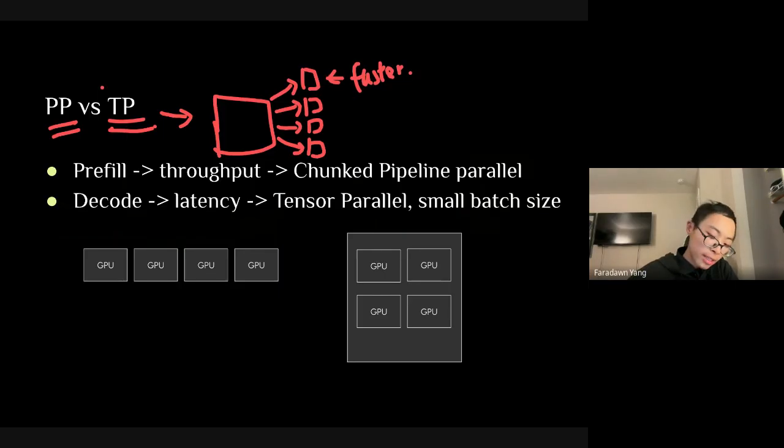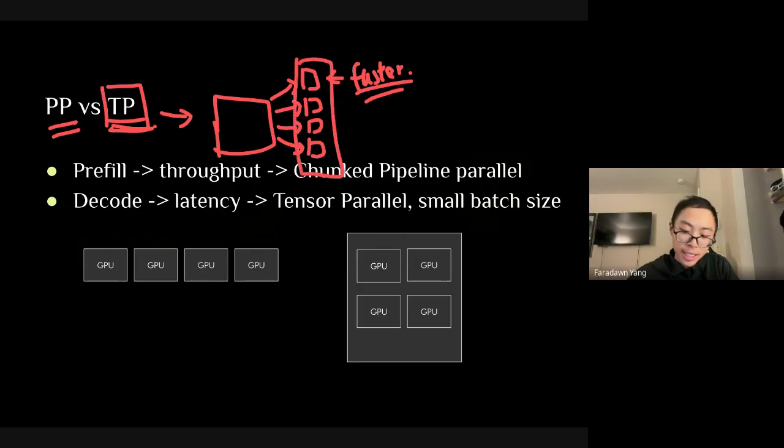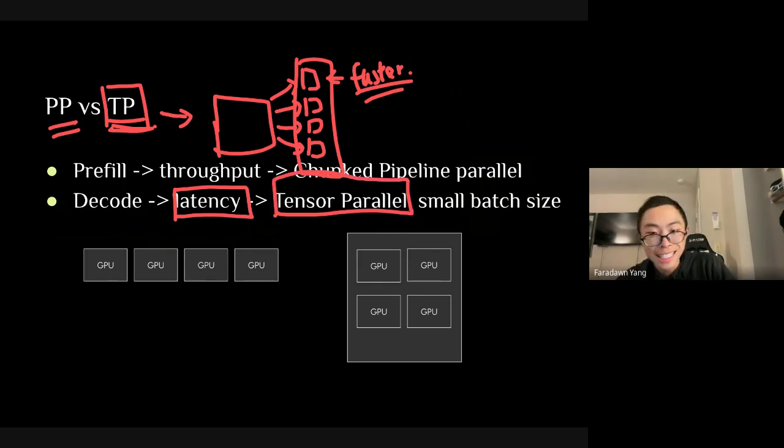Does tensor parallelism improve throughput or latency? Since it makes each individual computation fast, and you do those together, it makes the entire system fast. So it helps with latency. Therefore, tensor parallelism helps latency. And which phase needs latency?